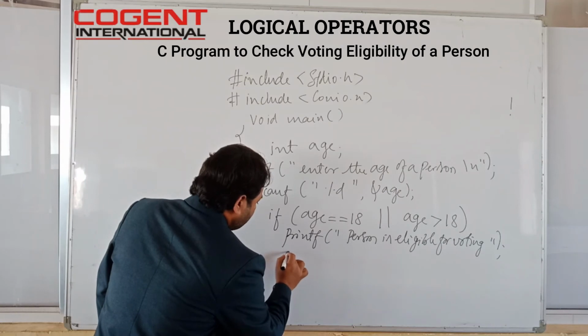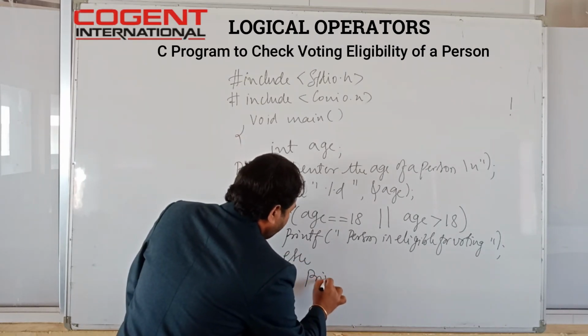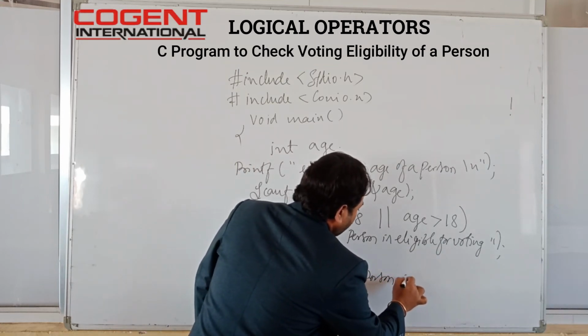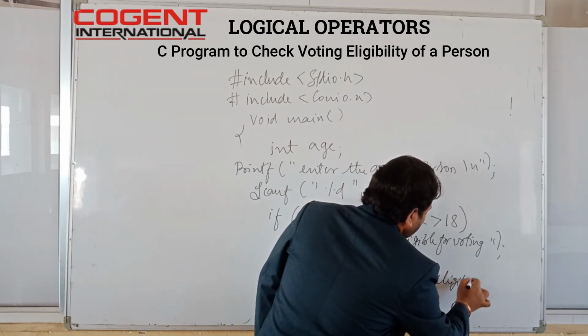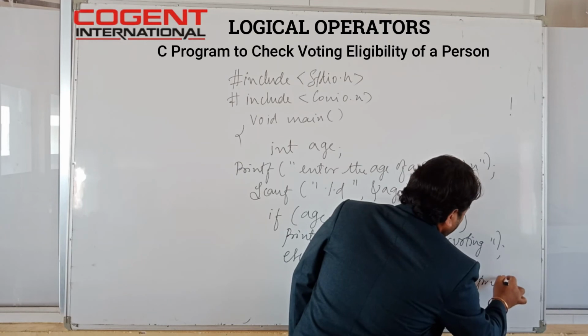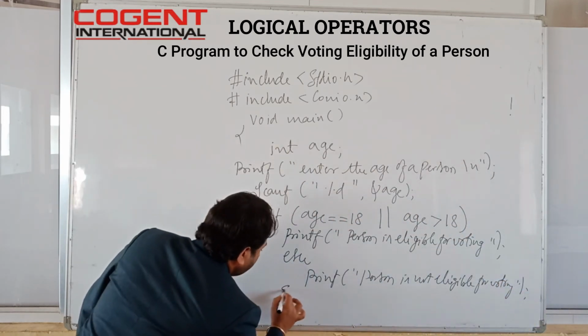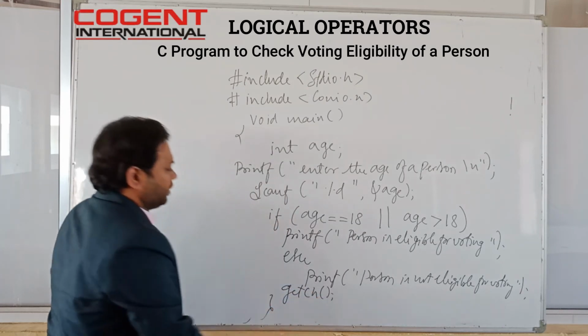Else printf person is not eligible for voting. Then getch, get the character from the keyboard, then close the braces.